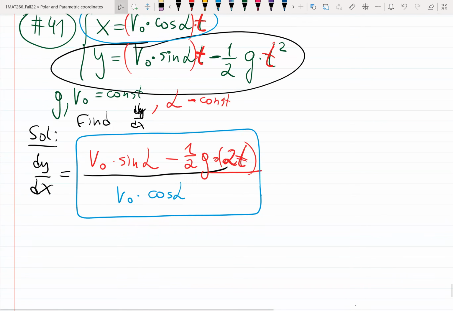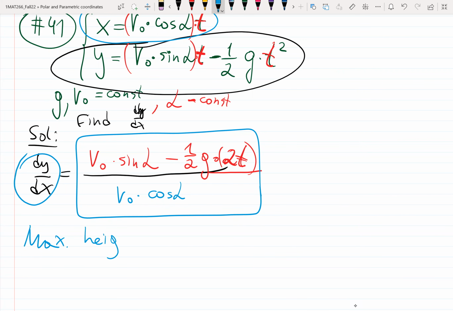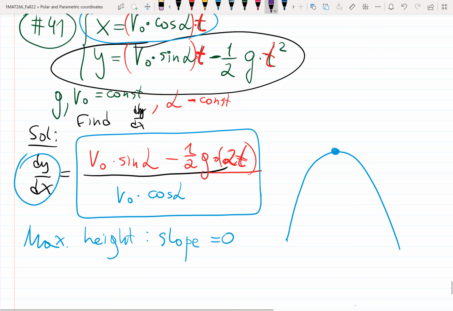So they ask you to solve for t if we set the left-hand side to 0, because they said it's going to be maximum height. Maximum height means slope is 0. Something goes up and then goes down: temperature, direction, throwing a stone in the air. Whatever is at the maximum has slope 0.